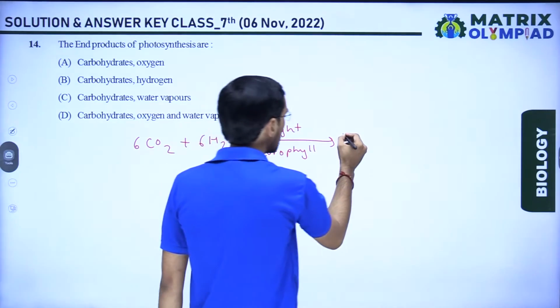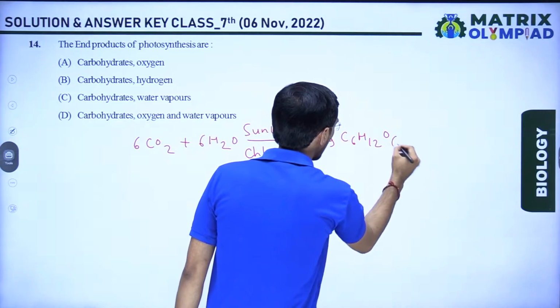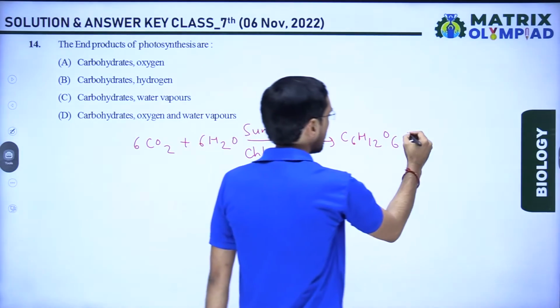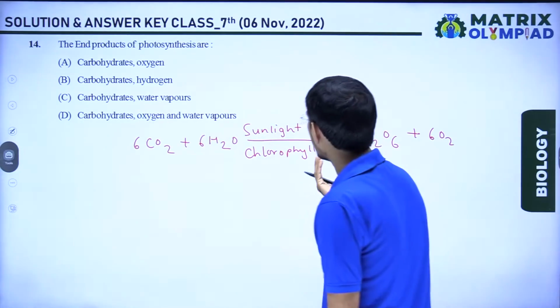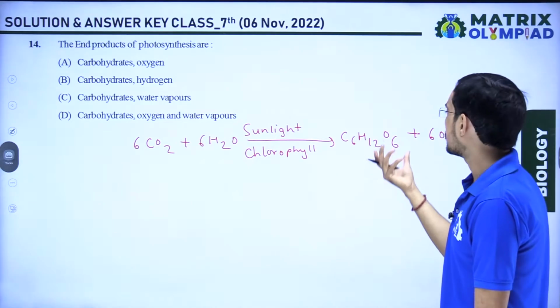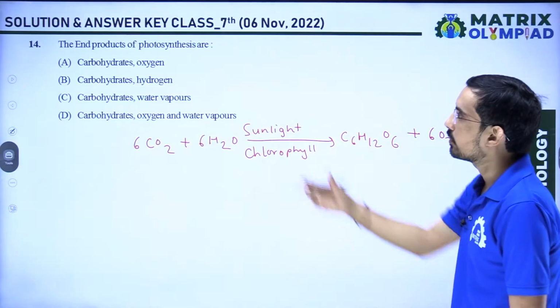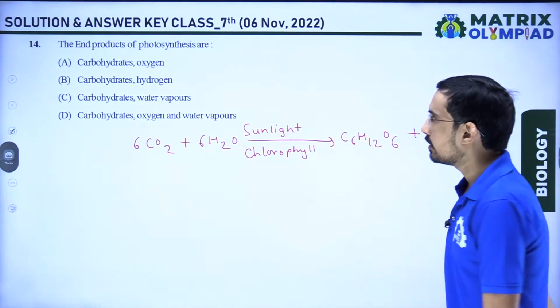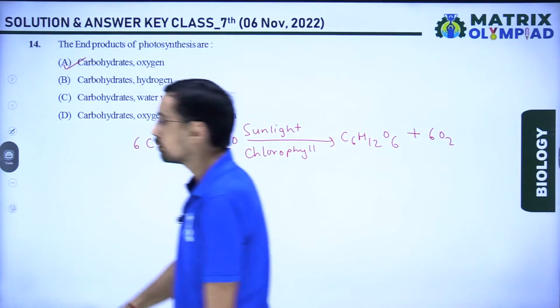It converts them into a molecule known as glucose, which is a form of carbohydrate, and 6O2. As we can see in the equation, the end products of photosynthesis are glucose and oxygen. So our correct answer will be carbohydrate and oxygen. Option A is most appropriate for us.